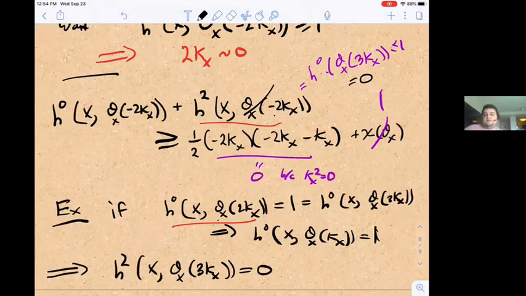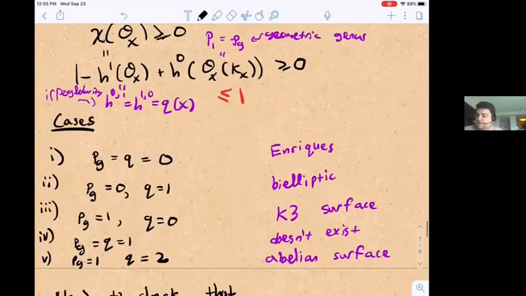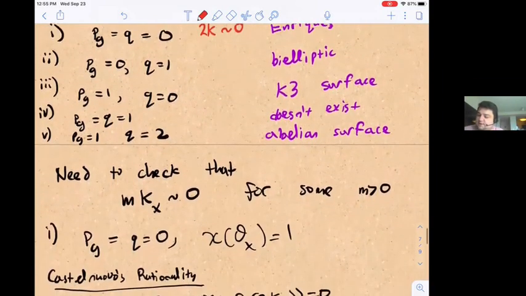So 2K and minus 2K_X both have sections, so they're just the trivial bundle, or the trivial divisor. Okay, so that was the Enriques case. So we can add to our table, if we wanted, that in this case 2K is trivial, and this will be important later.